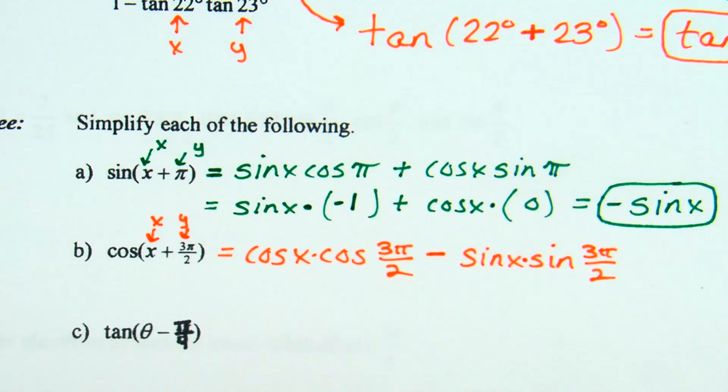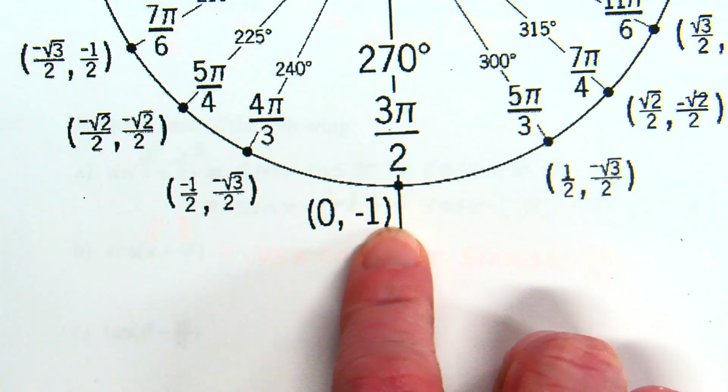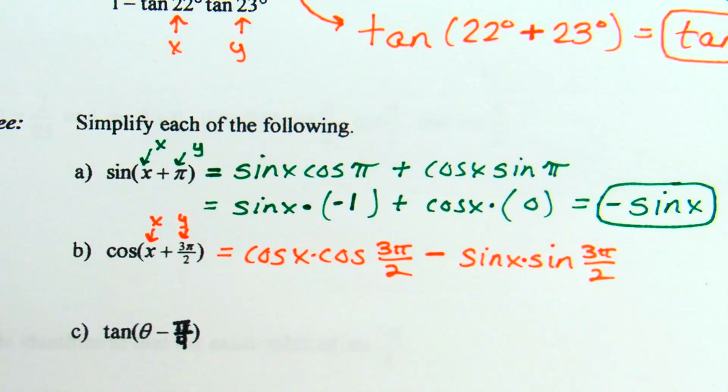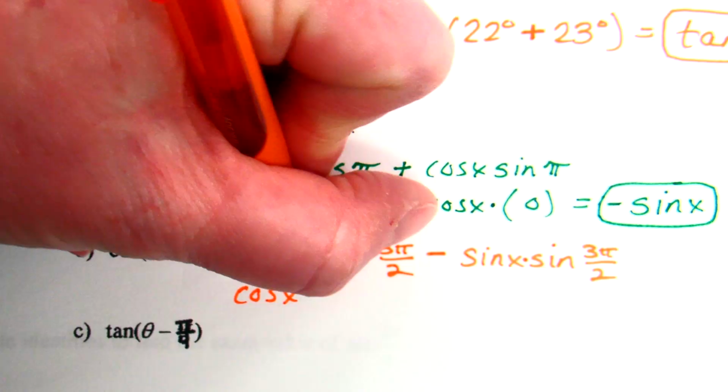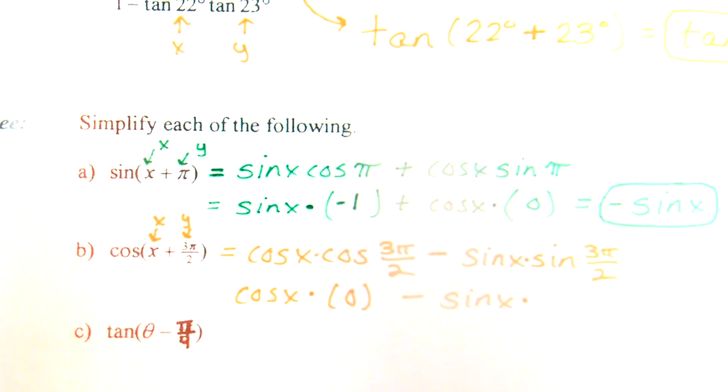Okay, well, what do we need to know this time? Cosine and sine of 3 pi over 2. You got your unit circle? There's 3 pi over 2. Cosine? Sine? Yeah, so cosine is 0, sine is negative 1. So fill it in and clean it up.